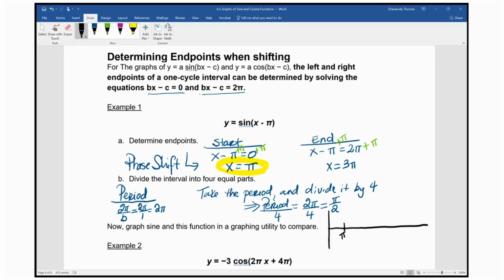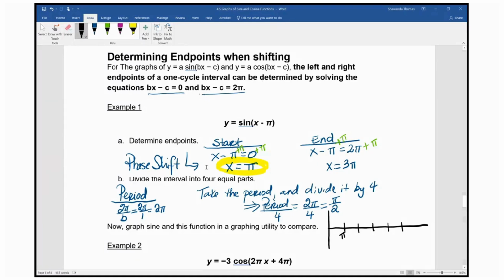What you could do is go ahead and put 4 tick marks, like 1, 2, 3, 4, because we need 4 equal sections. All right, so we start at pi, and what we want to do is make sure we end up at 3 pi here. So let's see if we end up at 3 pi.